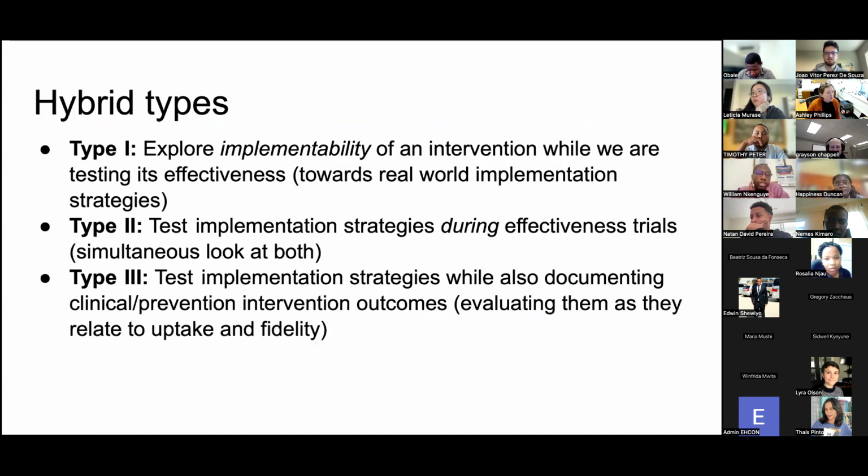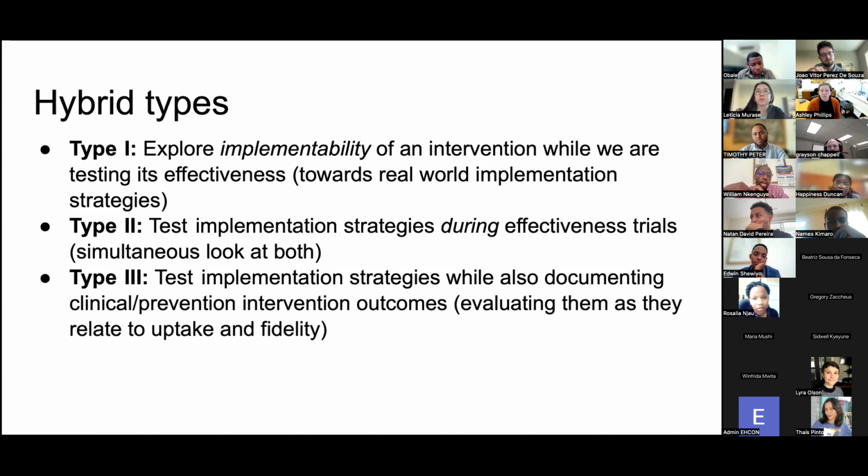So to summarize, type 1 hybrids explore the implementability of an intervention while we are really testing its effectiveness. But the primary focus in type 1 hybrid is to look at the effectiveness, like can this intervention work in a real world setting? In type 2 hybrid, we test the implementation strategies during effectiveness trials, and here you can have a balance between the two, like 50-50.